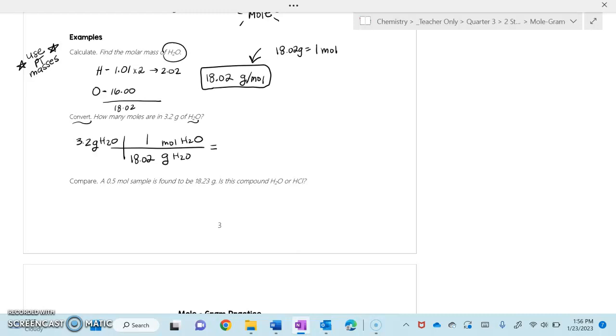And we get 3.2 divided by 18.02, 0.17758, lots of numbers on my calculator. So what I'm going to do is round this to my number of significant figures in the given. I have 3.2, that is 2 significant figures.